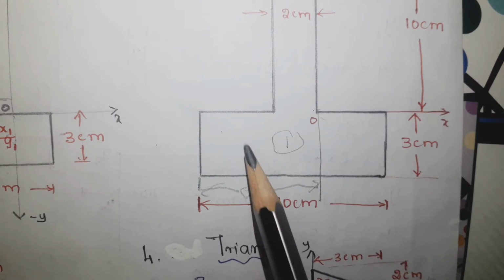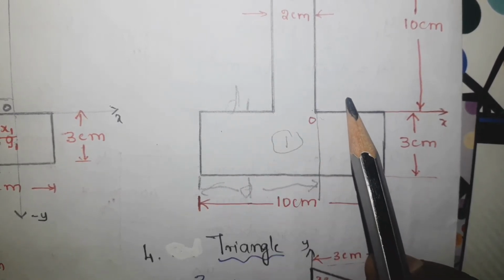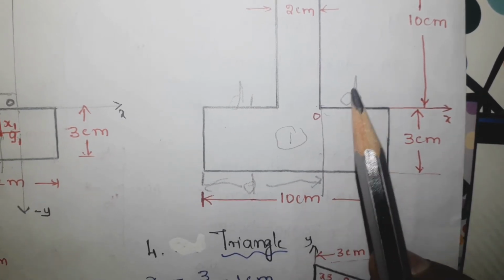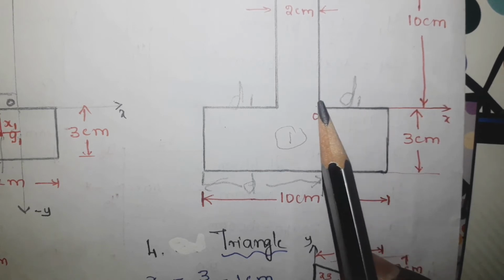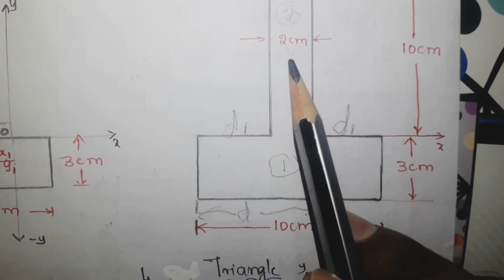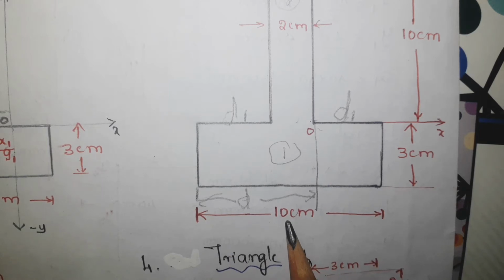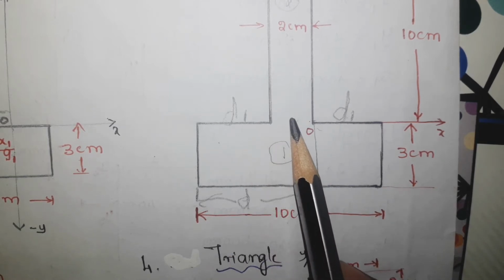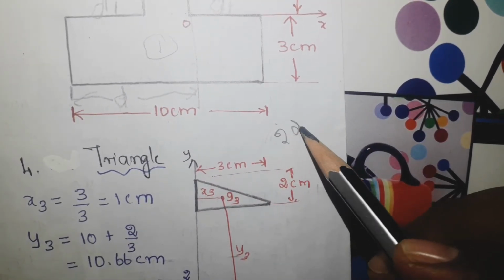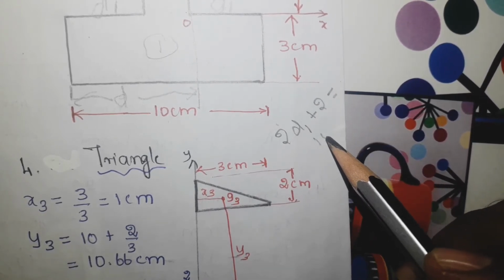Now you see here, let me take this one as d1, and this also is the same, it is of equal length, so this one is also d1. Now d1 plus this distance, which is 2 centimeter, plus d1 is equal to the total distance, 10 centimeter. Then the equation will be 2 d1 plus 2 equal to 10.